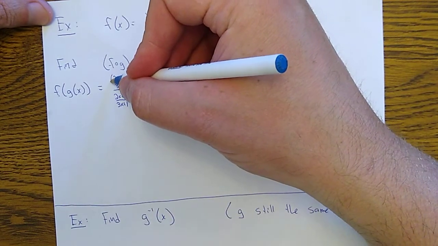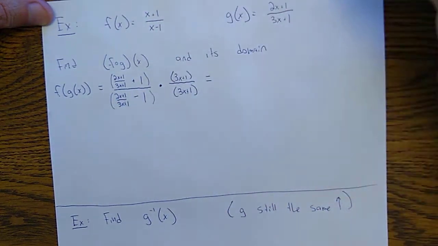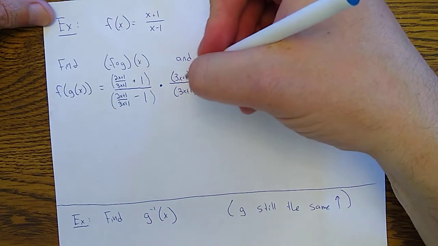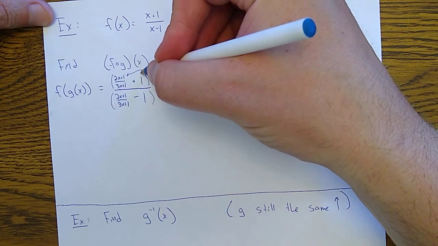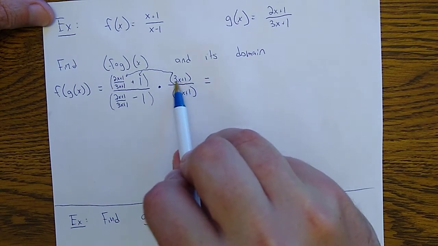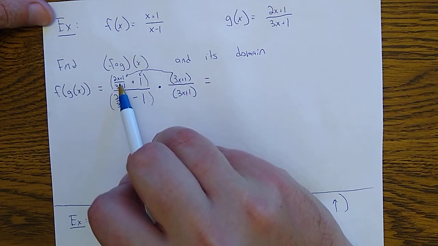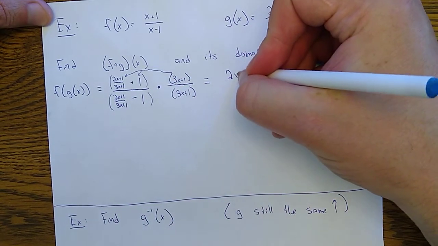We want to be careful when we do this. Maybe I'll add some parentheses here, because what I want to emphasize is when I multiply this, this has to go here and here. So when I multiply this times this, we know the denominator just goes away, and I just get 2x plus 1.